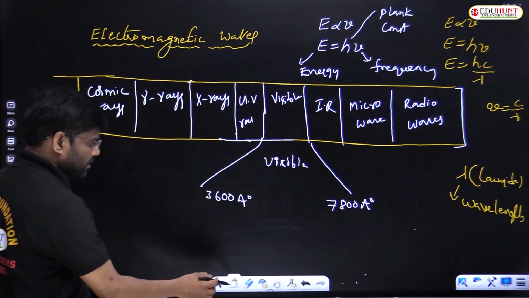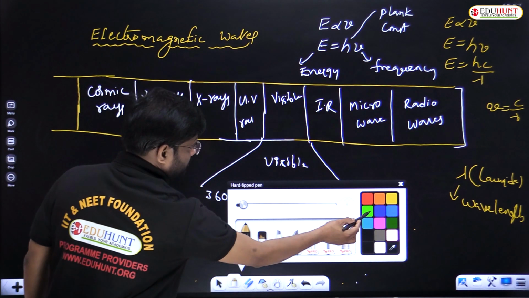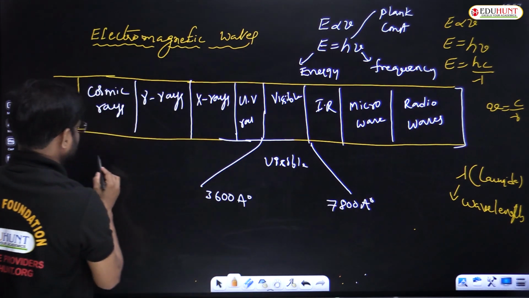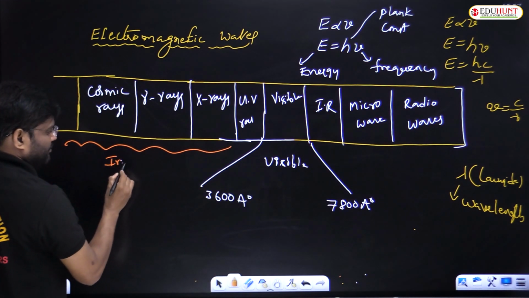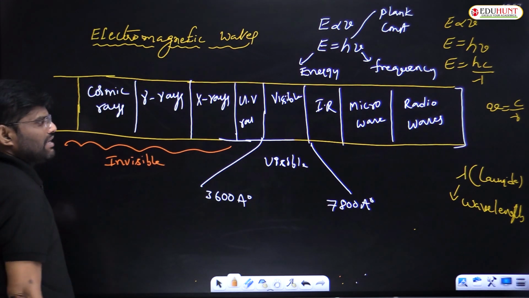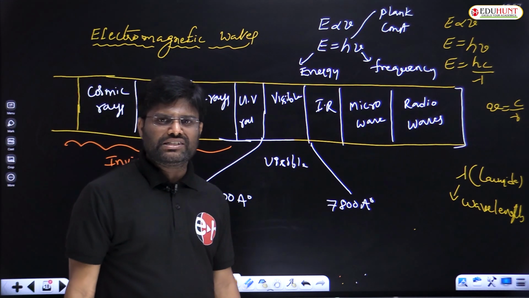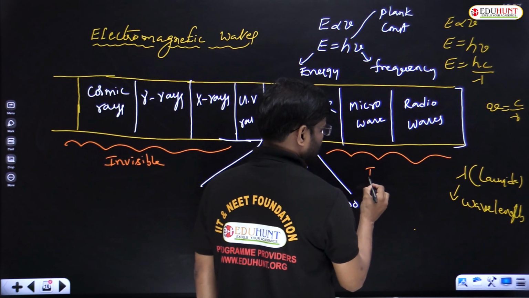What about these others? These are invisible light: cosmic rays, gamma rays, X-rays, UV rays are invisible. IR, microwaves, and radio waves are also invisible.